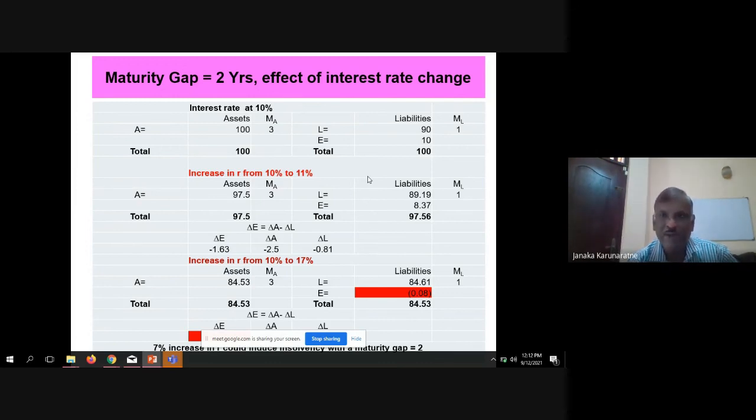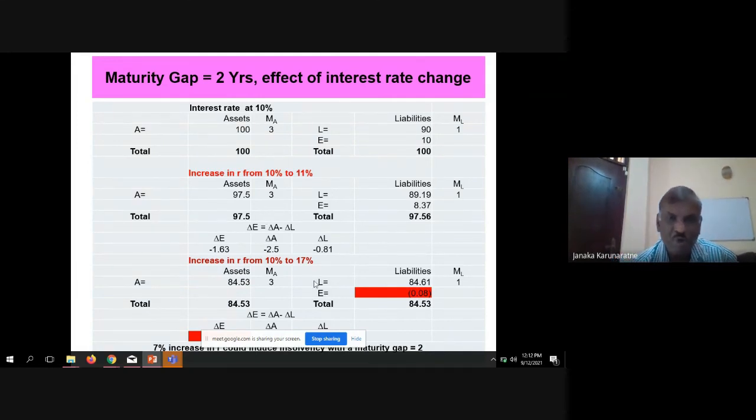When interest rate goes up by 1%, your equity drops by 1.63, negative 1.63. So what is the message this gives? If you have a higher maturity gap, now here the maturity gap is only 2 years, but if the maturity gap is higher, things would have been much worse.